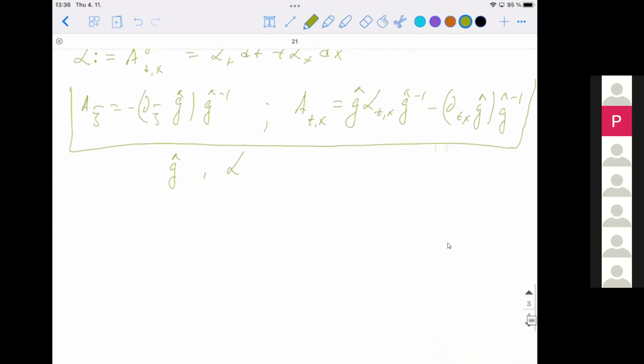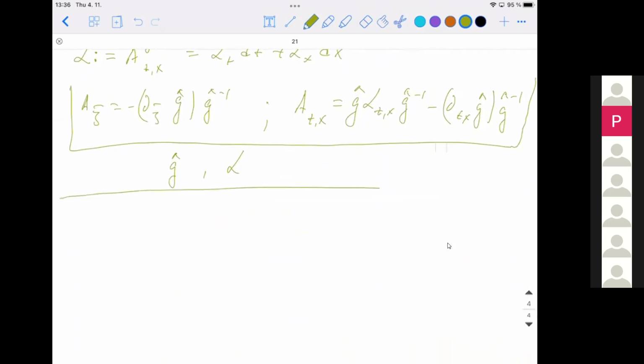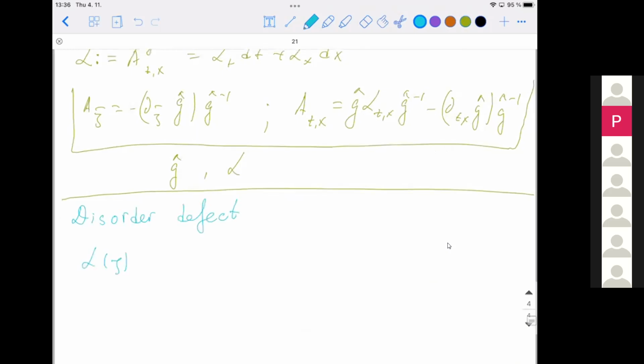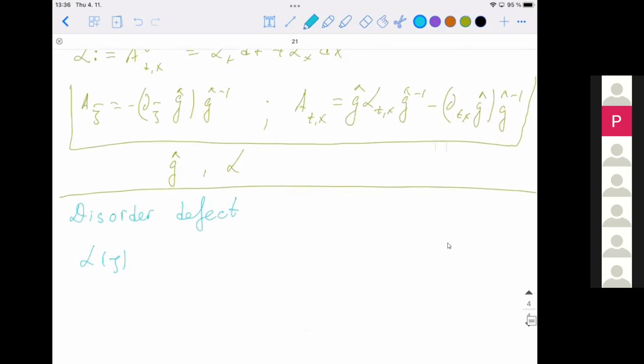So now we should talk about something called disorder defect. This L can be holomorphic. Well, I mean, it cannot be holomorphic.